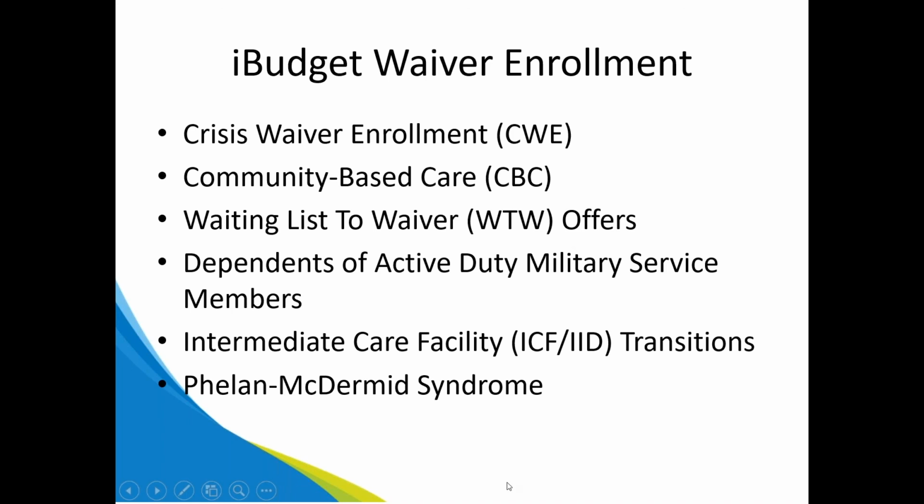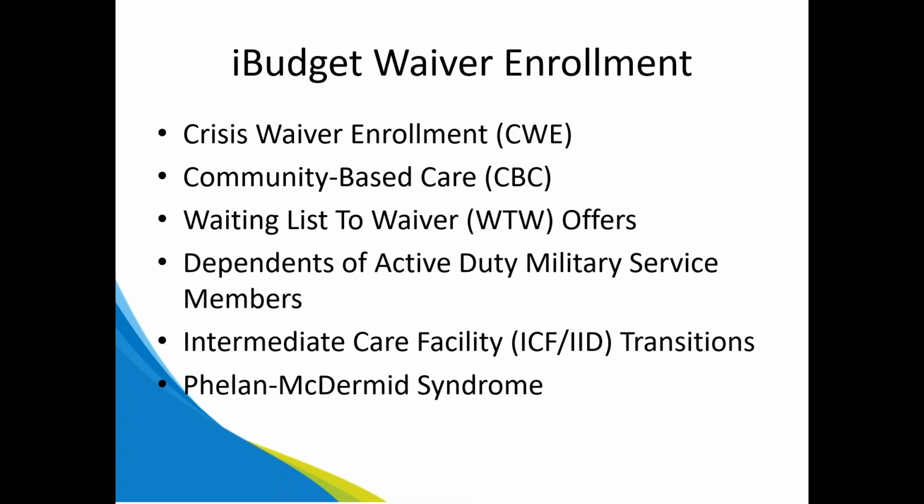Next, we're going to discuss the different types of situations where an individual can enroll on the waiver. And this is the criteria where we're able to enroll individuals on the Home and Community-Based Services iBudget waiver. First are individuals who meet the criteria for crisis waiver enrollment, or as we discussed earlier, priority category 1 of the waiting list.